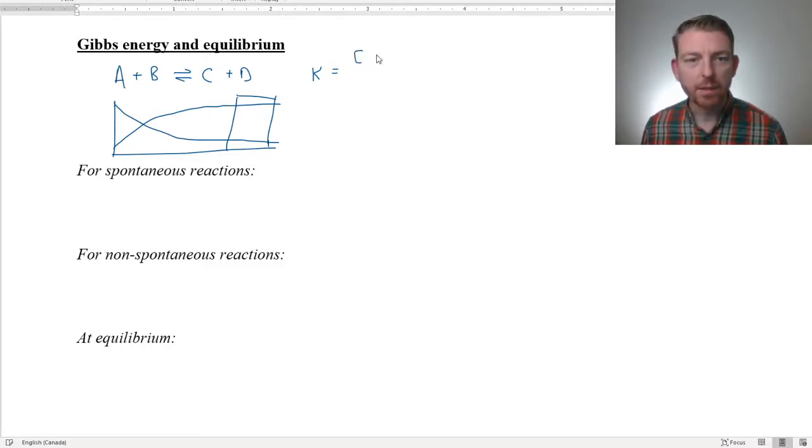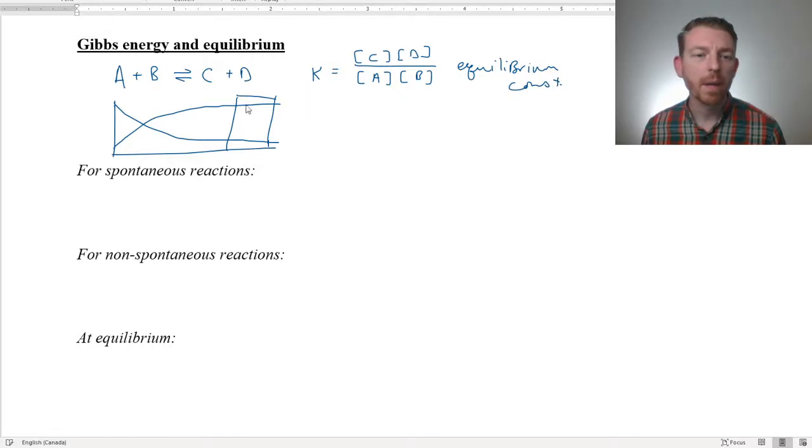This is the concentration of the products divided by the concentration of the reactants, or the ratio of the products to the reactants, at equilibrium. So this is our equilibrium constant.